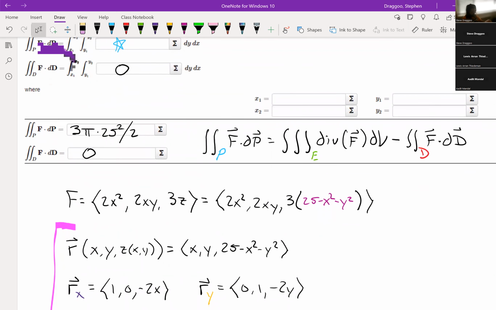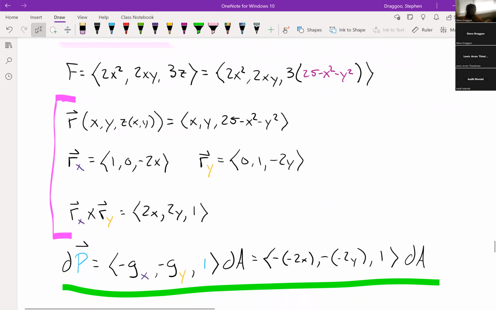But instead, let's give a quick overview of calculating the flux directly. If I want to do that, I'm going to need normal vectors, which means I need a parameterization. The parameterization of my paraboloid is going to be that top line that's highlighted in the magenta area.